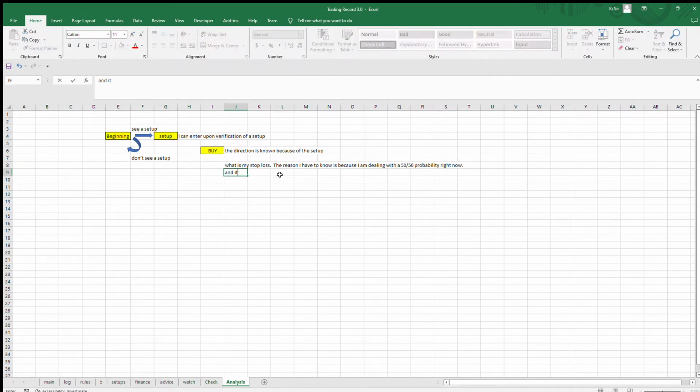And it could be even worse. So I have to have a stop loss.